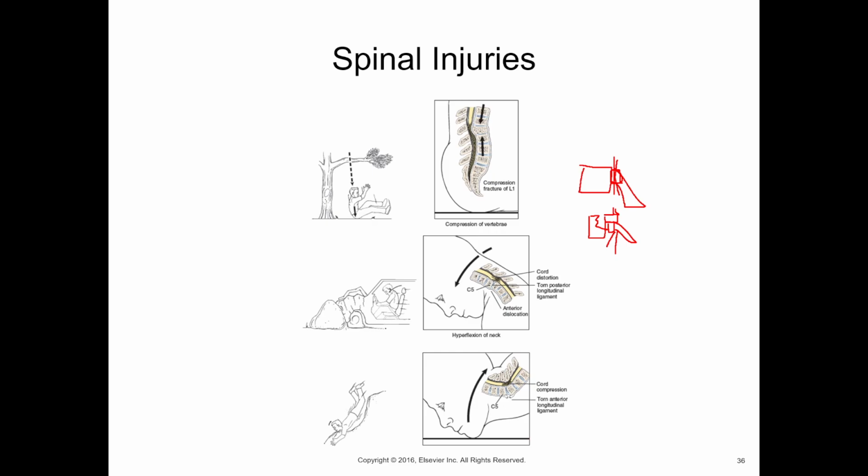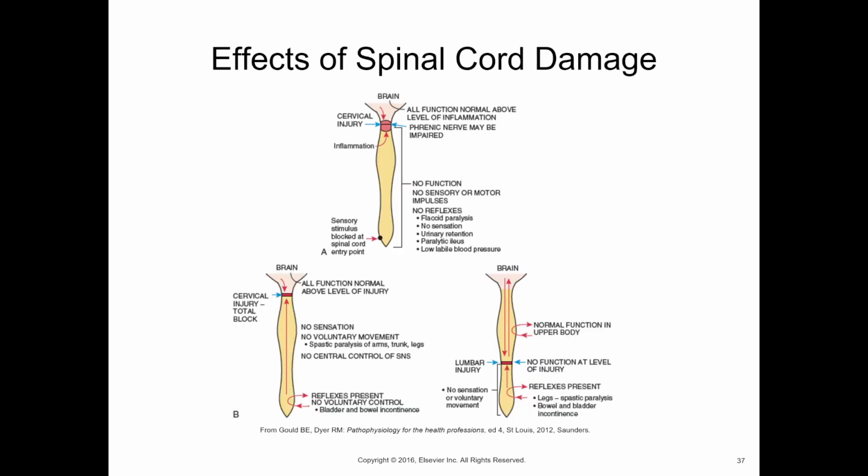This is an extension teardrop fracture, because there's a tear of the anterior longitudinal ligament and it's caused by an extension force. Actually, this would be showing a compression fracture, but the moment this separates right here and that pushes back there, that's what we're showing here, and it would be called a burst fracture if there is non-alignment of the vertebral components anymore.